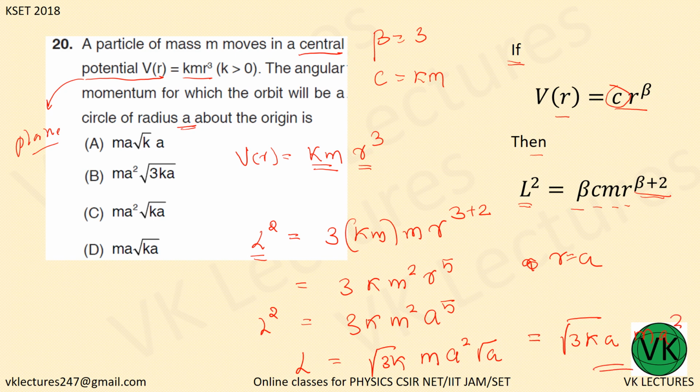So what is the option? m a square root of 3ka, so your option B. So what is the takeaway from this question: if V of r is equal to C r power beta, then angular momentum squared will be equal to beta C m into r power beta plus 2. Please remember this formula.